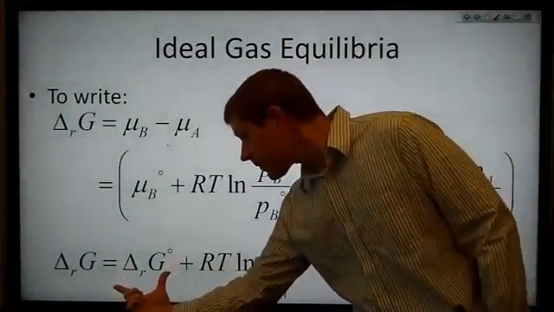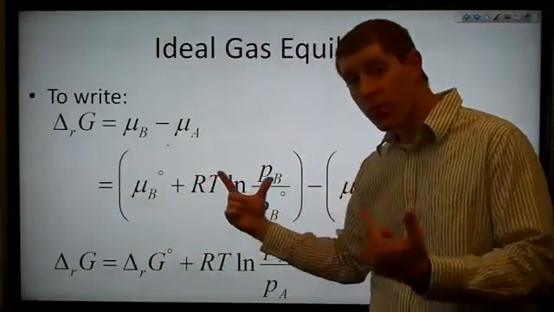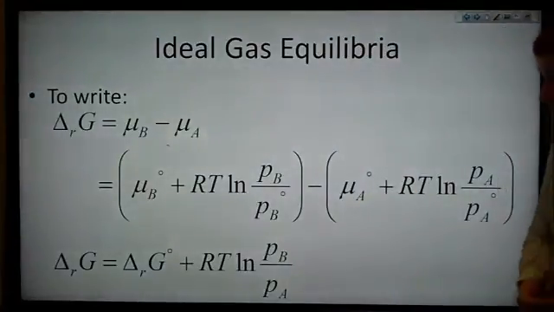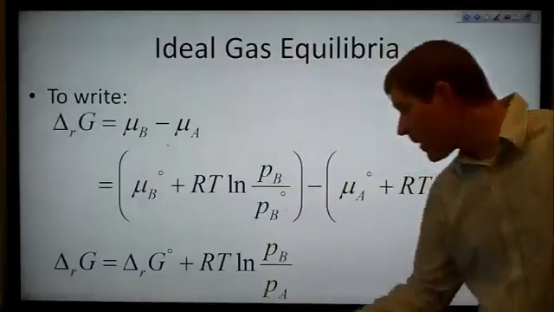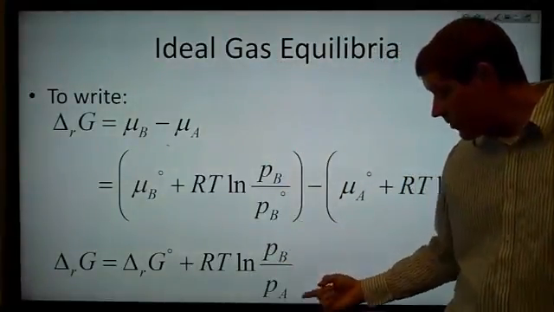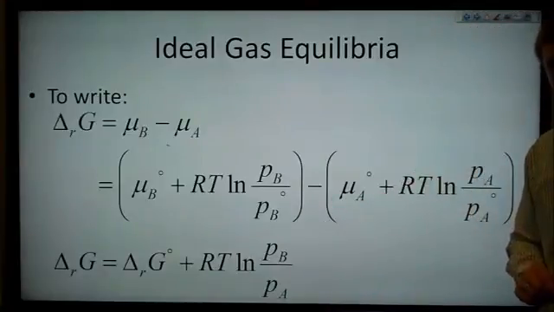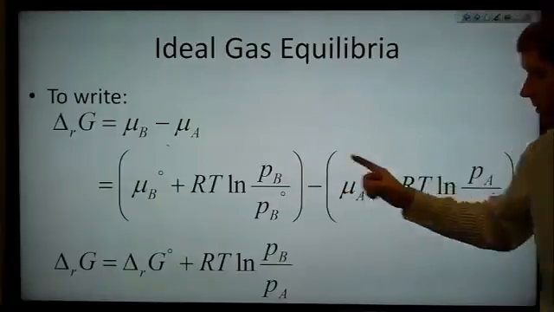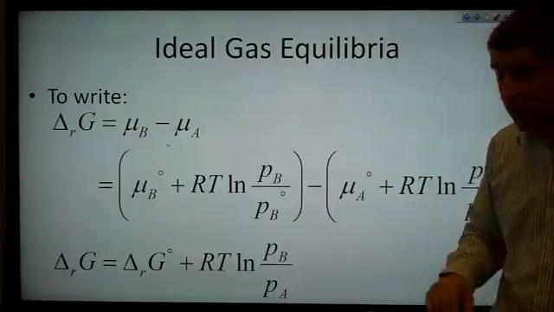Here we have the Gibbs energy of reaction from our pure substances, that's this term, delta R G naught, plus R times T times the natural log of the pressure of B divided by the pressure of A. Note that here we've used the mathematical rules for logarithms to move the pressure of A below the pressure of B.